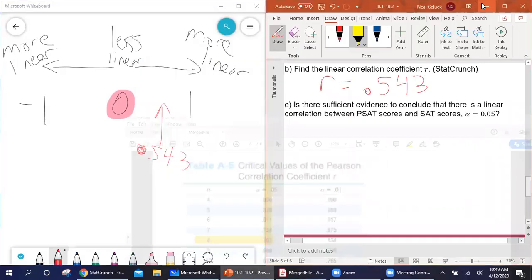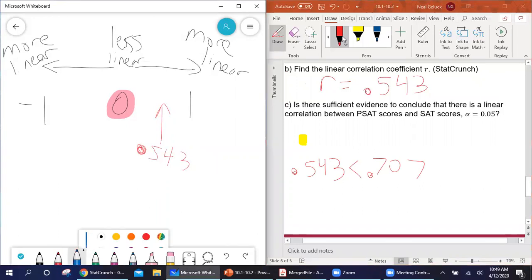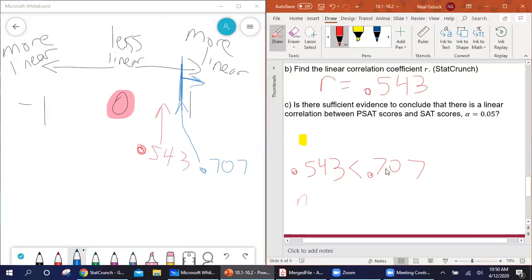Well, darn it. So it had to be 0.707, and it was not. 0.543 is too small. Again, 0.707 was basically saying it has to be here or better for me to say it's linear. 0.543 was not, so not linear.